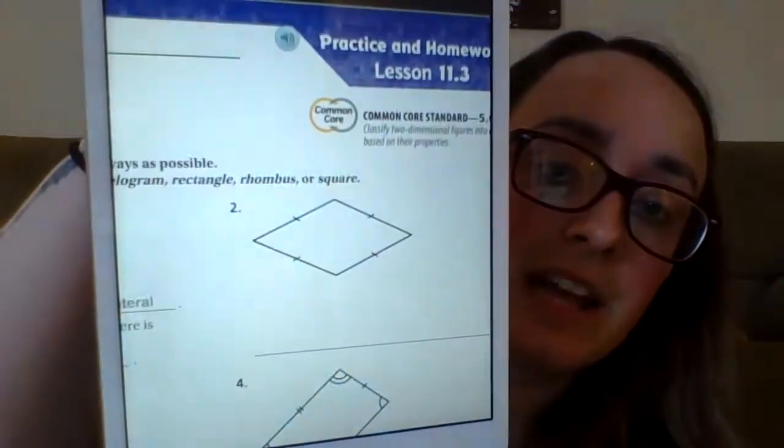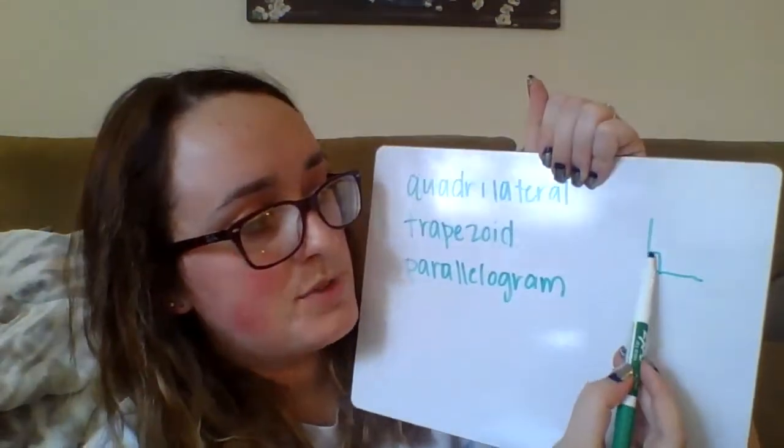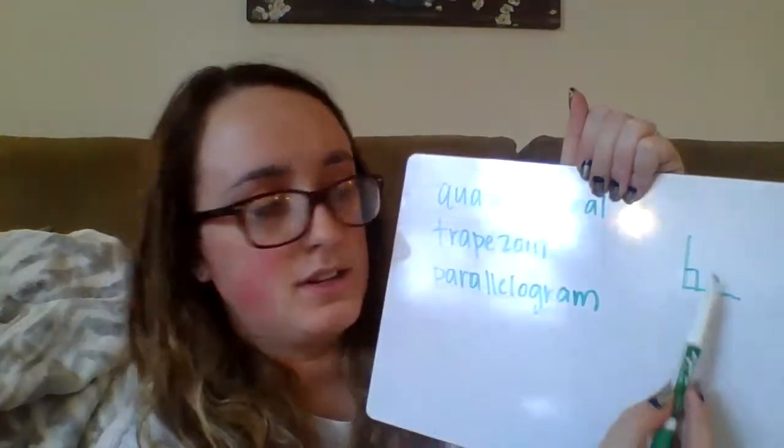So what we learned on angles, looking at this, they do not have right angles. As we know, right angles look like this, and you usually see that little square in that corner right there. That is not present, so it would not be a rectangle.